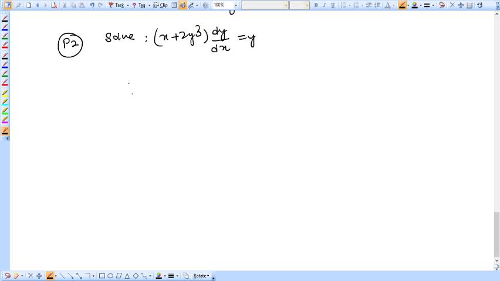Rewriting, it could be written as (x + 2y³) dy = y dx.